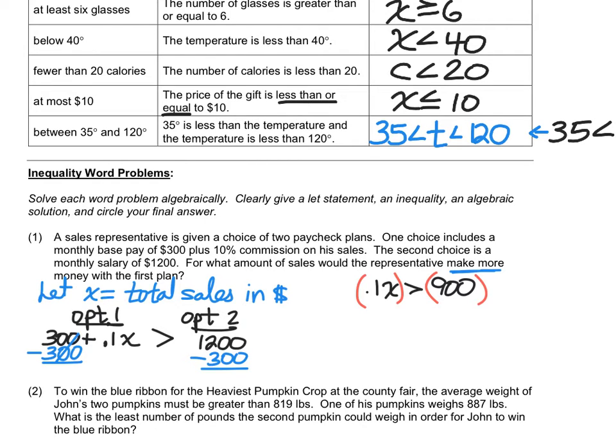What should that something be? 10. All right, and that's because 0.1 in fraction form is what? 1 over 10, right? So to get rid of that denominator of 10, we multiply by 10. That's a nice convenient way of doing it. It allows you to get through this entire problem without having to pick up a calculator, which is kind of nice. All right, so x has to be greater than 9,000.